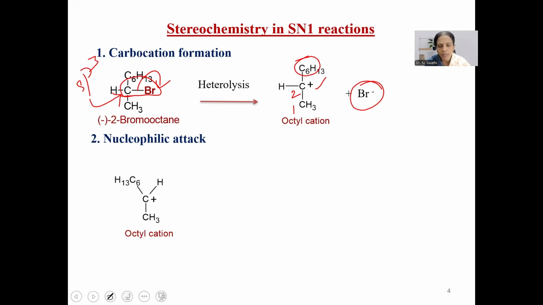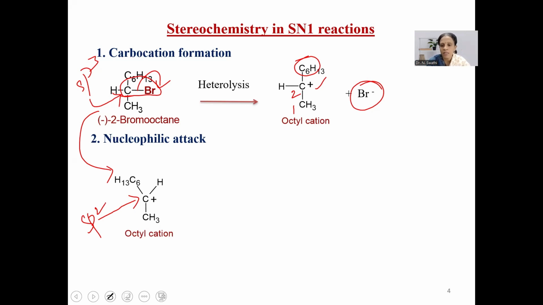Now once it generates the octyl cation, look at the configuration of the carbon in the carbocation. The molecule shifts from the tetrahedral configuration in 2-bromo-octane to a trigonal shape. That means the hybridization state changes, and it becomes sp2 hybridization.